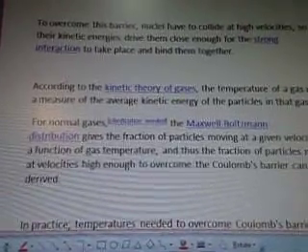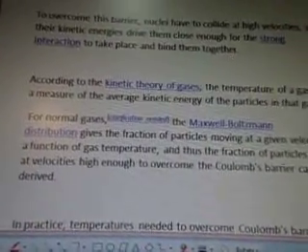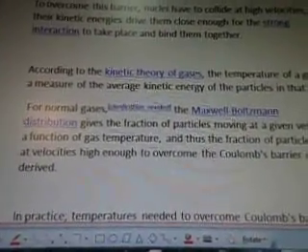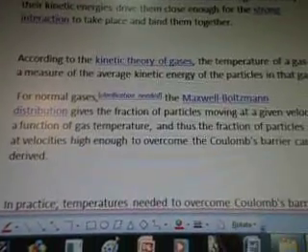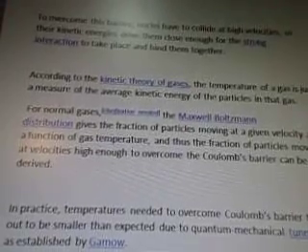According to the kinetic theory of gases, the temperature of a gas is just a measure of the average kinetic energy of the particles in that gas. For normal gases, the Maxwell-Boltzmann distribution gives the fraction of particles moving at a given velocity as a function of gas temperature, and thus the fraction of particles moving at velocities high enough to overcome the Coulomb barrier can be derived.